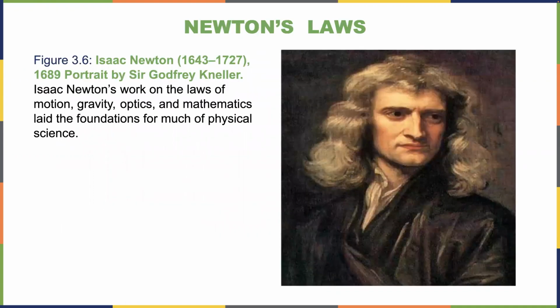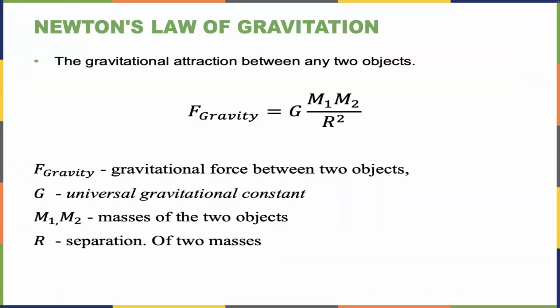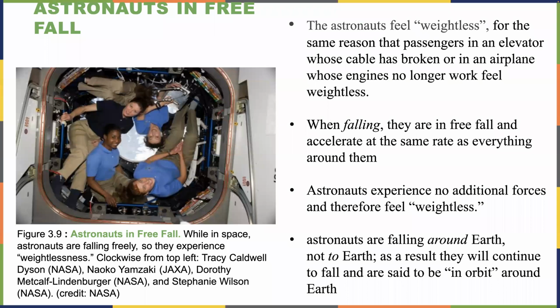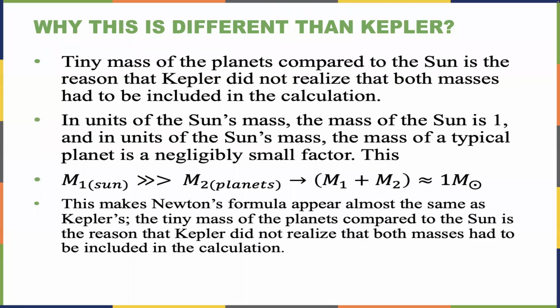Then we moved on to Newton's laws of motion, and I explained very briefly Newton's gravitational law and angular momentum, those general concepts that we used to have in physics, because they will be directly applied here for the motion of planets. And we also talked about a different form of Kepler's law.